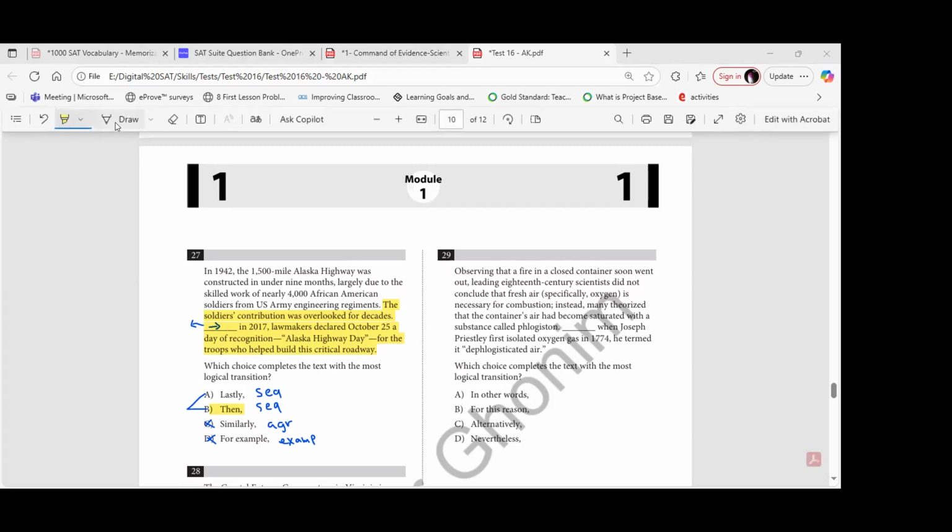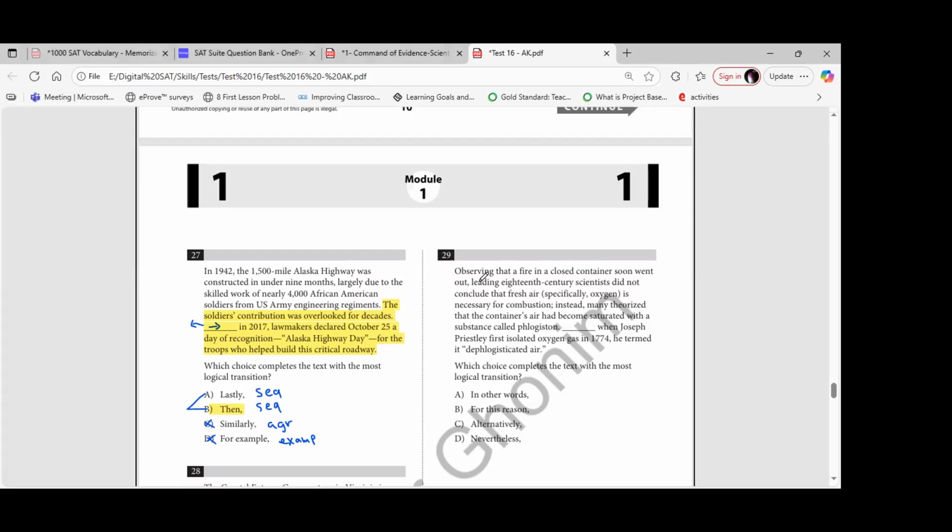In other words: what does it mean, or what is the function? It can be restate or rephrase. For this reason: cause and effect. Alternatively: here, contradiction.